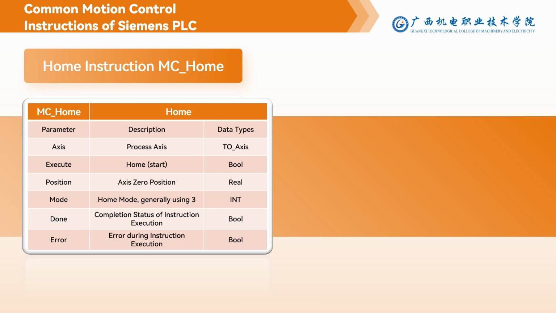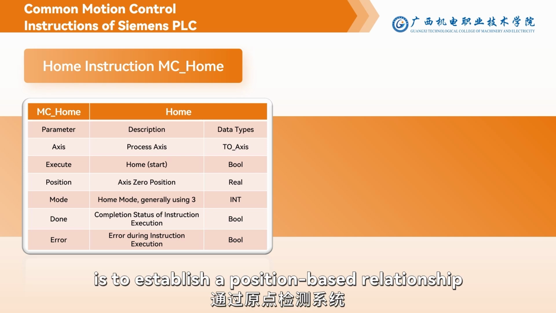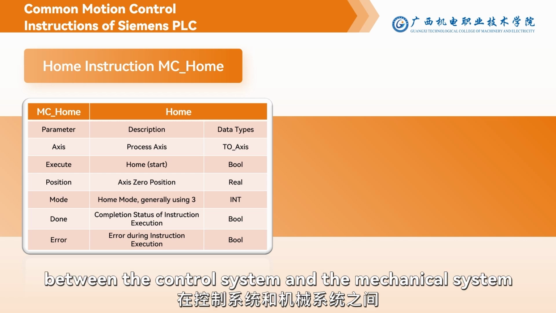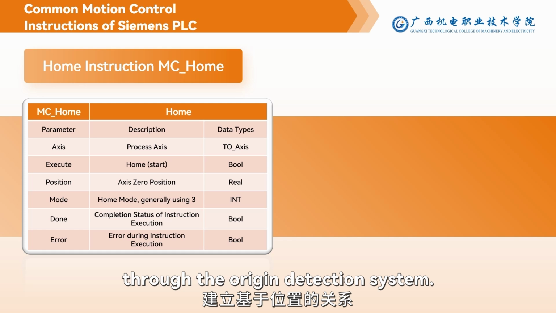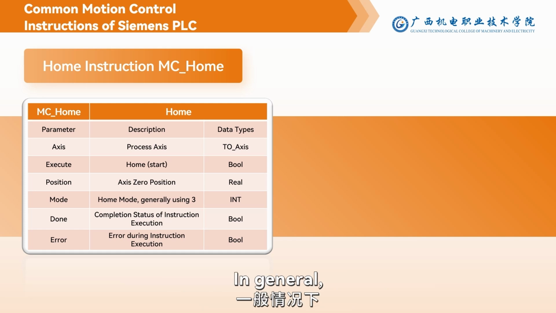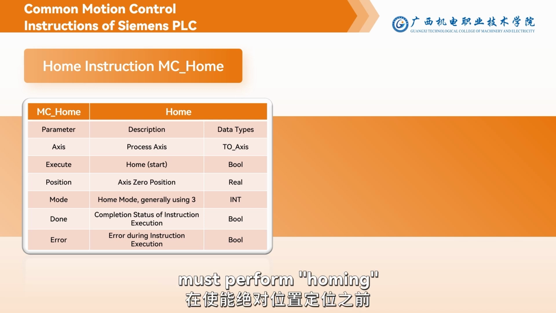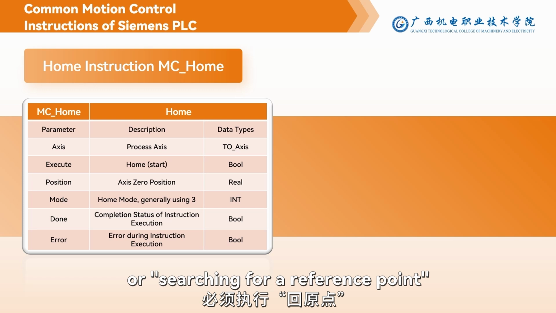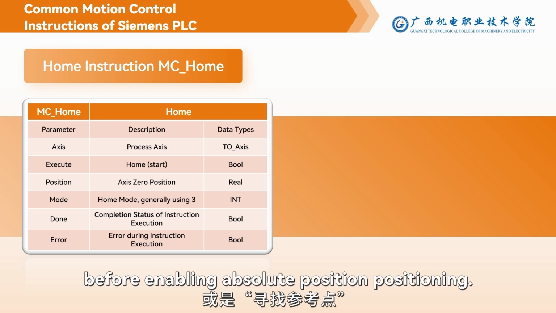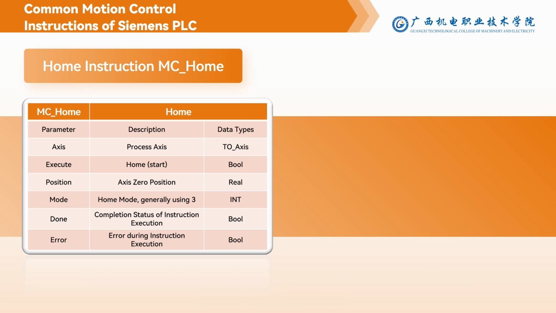Its function is to establish a position-based relationship between the control system and the mechanical system through the origin detection system. In general, Siemens PLC motion control must perform homing or searching for a reference point before enabling absolute positioning.